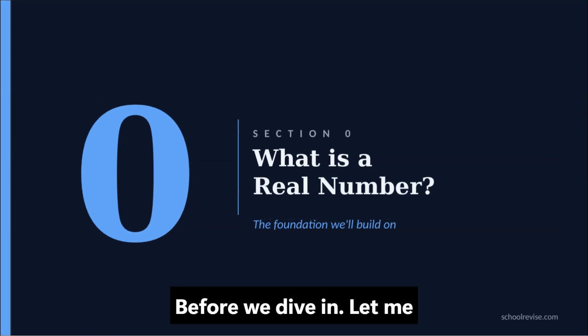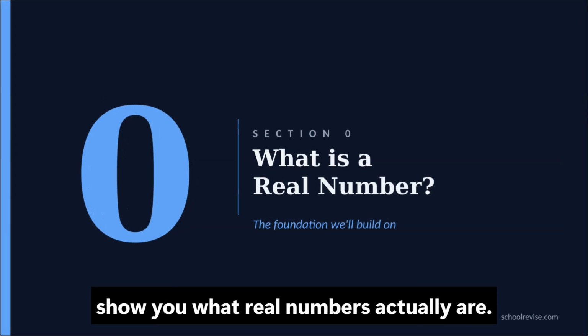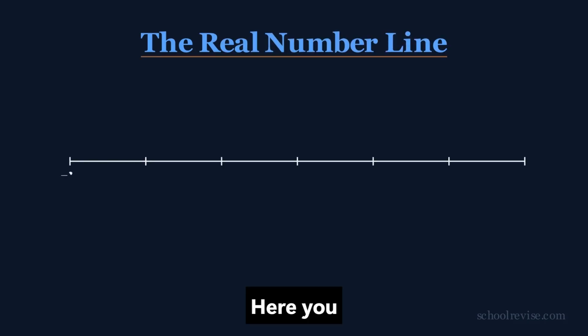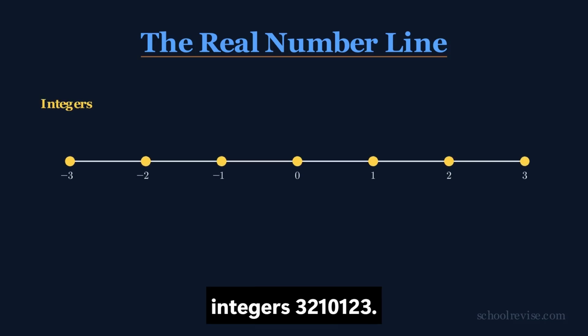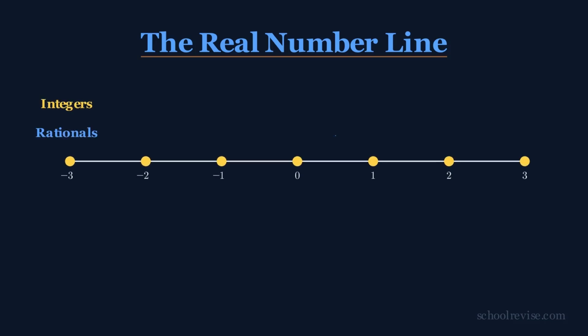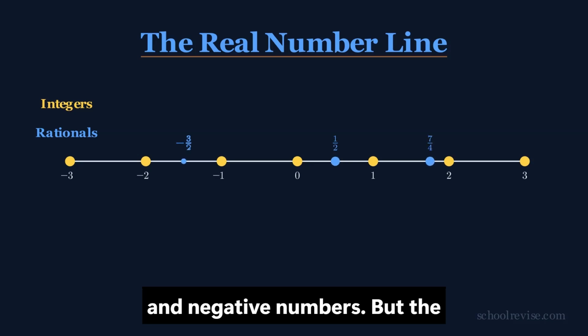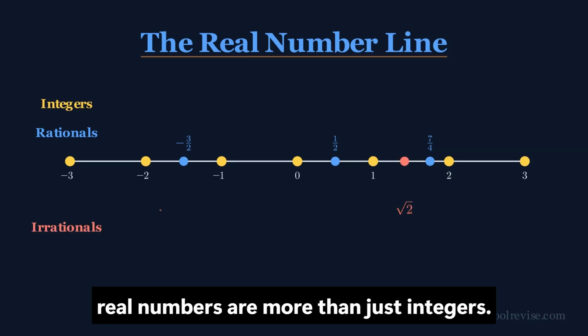Before we dive in, let me show you what real numbers actually are. Look at this number line. Here you see the integers -3, -2, -1, 0, 1, 2, 3. These are the whole numbers, positive and negative numbers. But the real numbers are more than just integers.